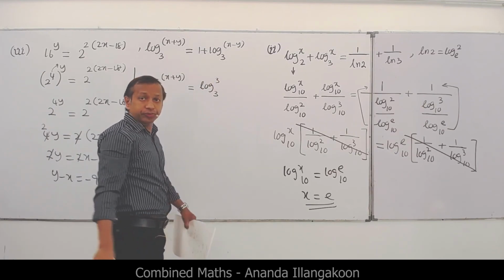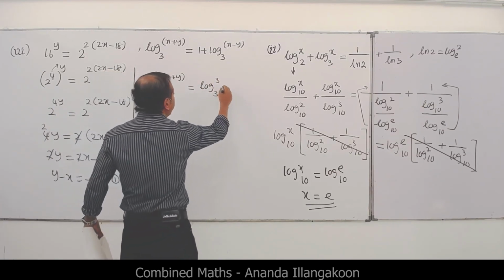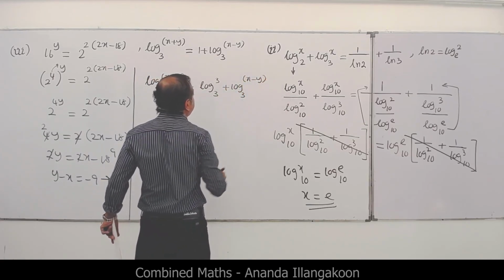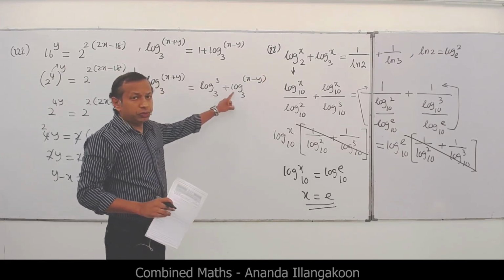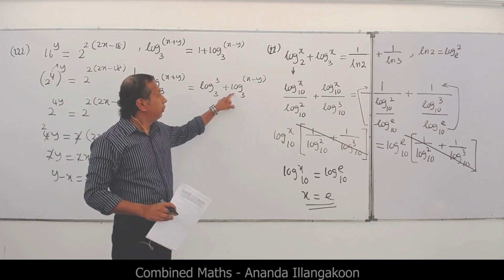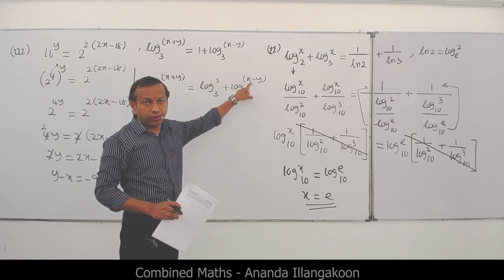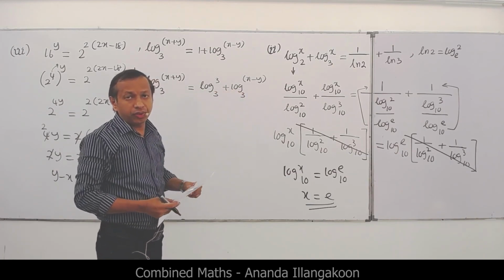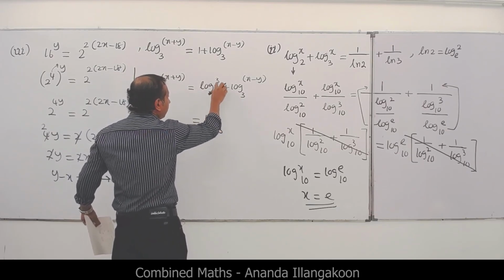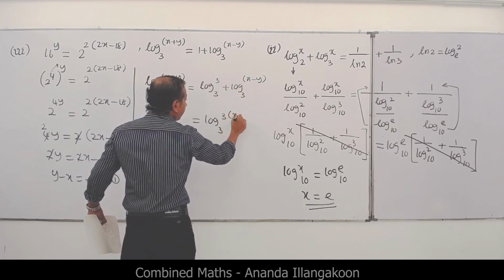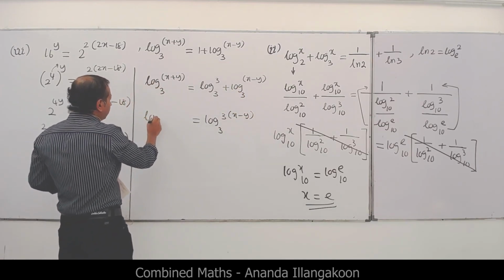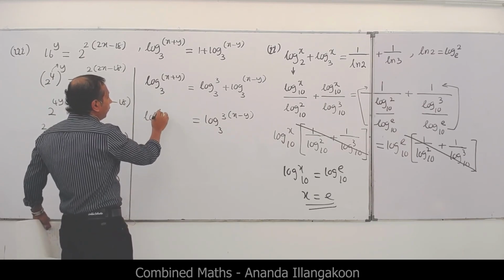This is 1, and log 3 of x minus y. When we have two log terms this way as a sum, you can multiply this and this and write under the base 3 of log. This way, log 3, this and this we can multiply: 3 times x minus y. Right? And here we have log base 3 of x plus y.